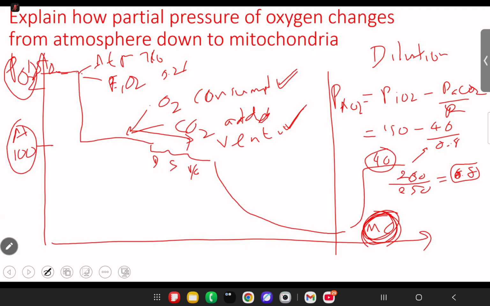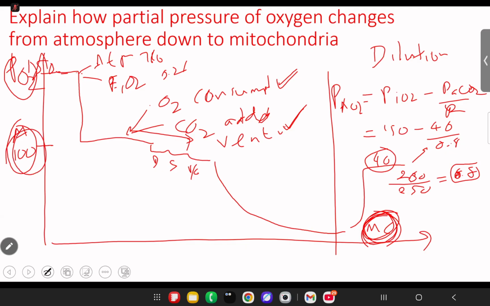If you have a patient who is dead, not brain dead, just completely dead, and you still continue to ventilate that patient, what will be your alveolar oxygen tension? After 5 minutes, completely dead, no production of carbon dioxide, what will be your alveolar oxygen?